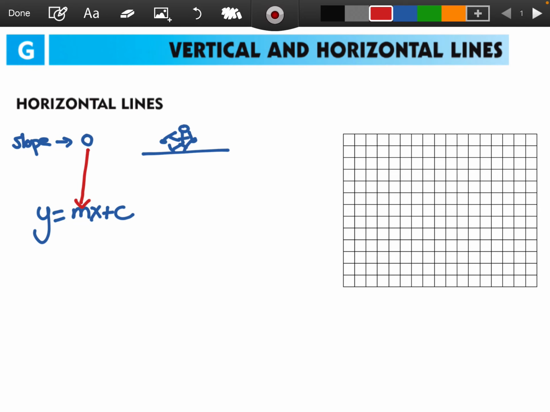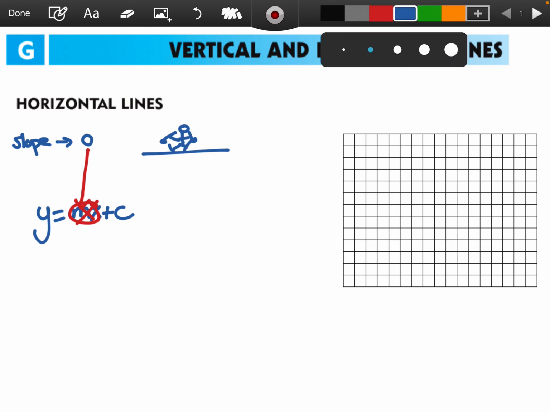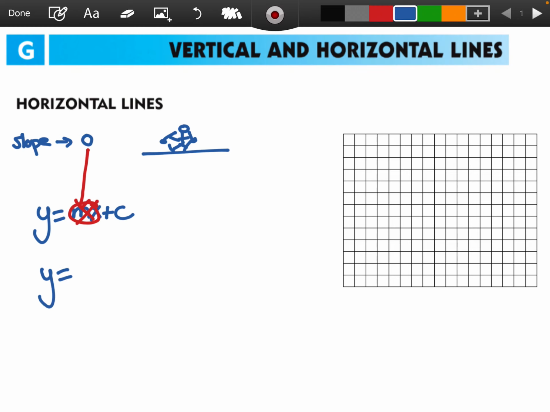Well, when you multiply anything by 0, it disappears. So this part is gone. So the equation of a horizontal line is just y equals c, c being the y-intercept.